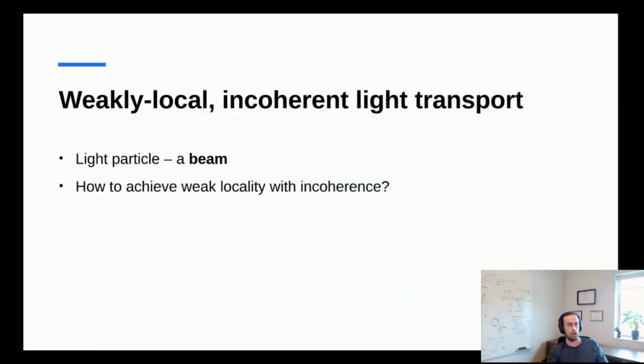So the question is then, how can we achieve a weakly local incoherent light transport framework? The key here is to remember that we are never able to observe and measure everything about light. What we actually observe, the values we observe with the sensor, are always integrated values. We integrate over the spatial and angular extents of the sensor.